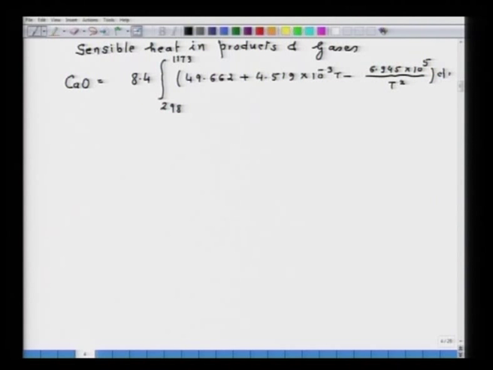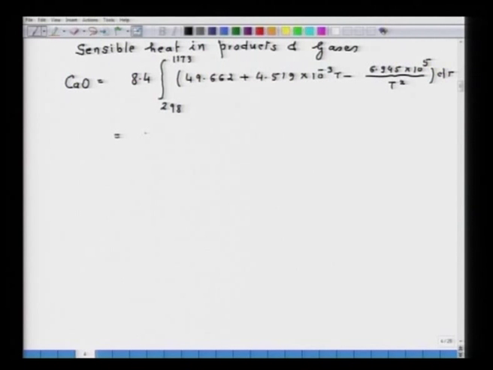This I have to integrate, dT. Now, please do this exercise. However, if you try, you can get those values also in the reference which I have given, but then there are intermediate temperatures where you will not find the values. So, it is better to develop the practice of integration.